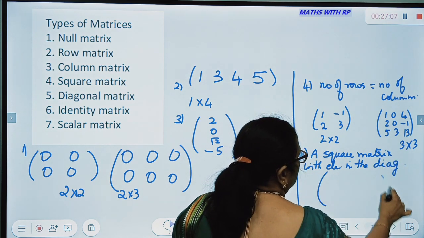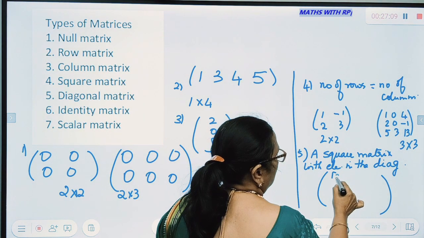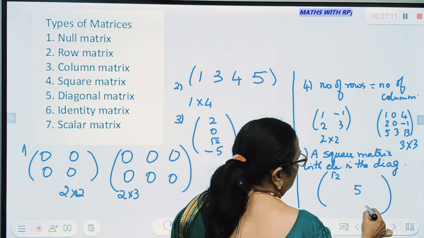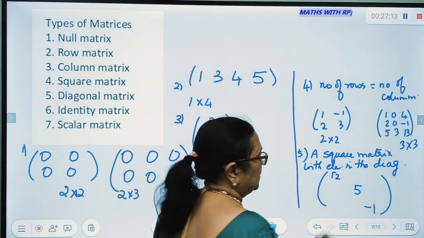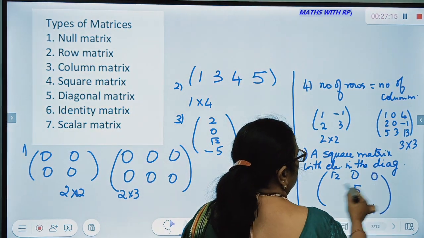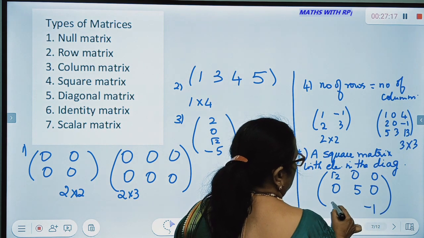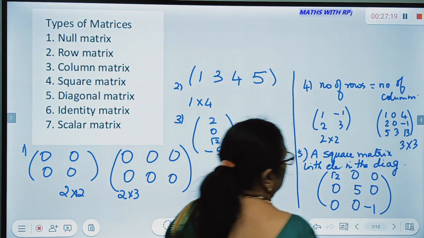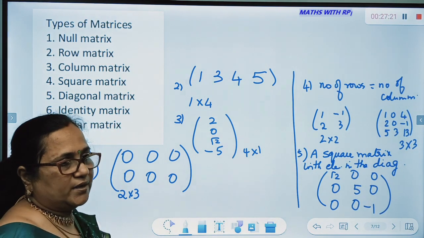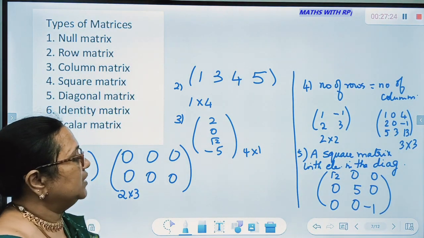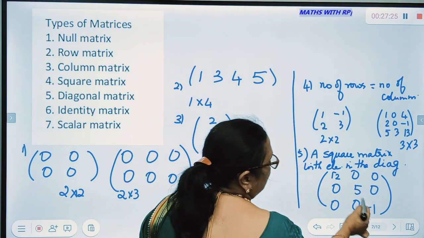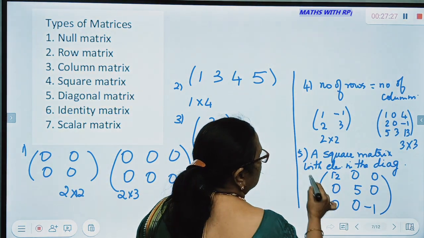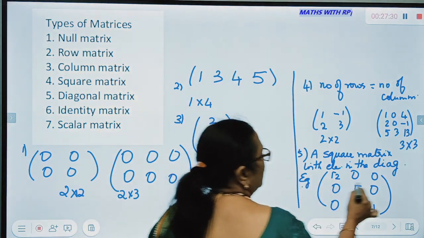For example, root 2, 5, minus 1. I am making a 3 by 3. The other elements are 0. So you can see it's a square matrix. Its order is 3 by 3. It has got elements only in the diagonal. An example of such a type is called a diagonal matrix.